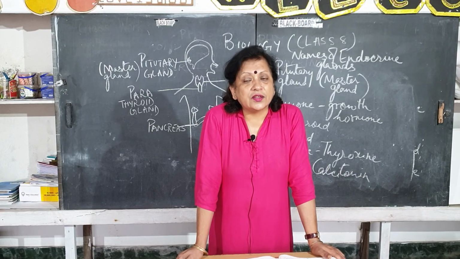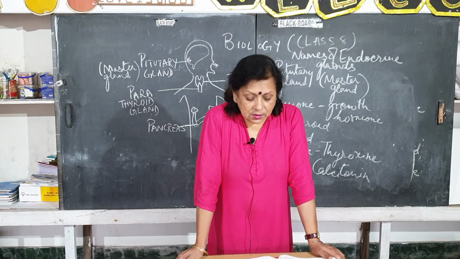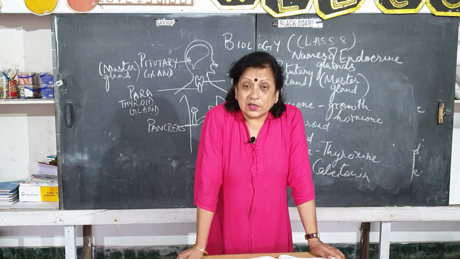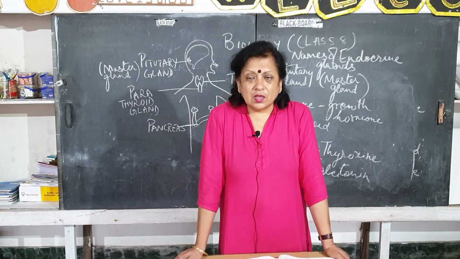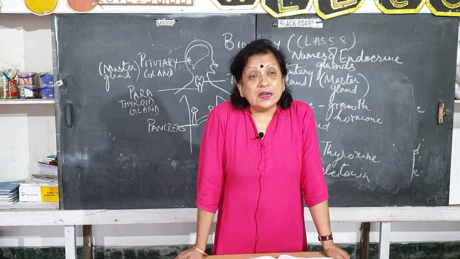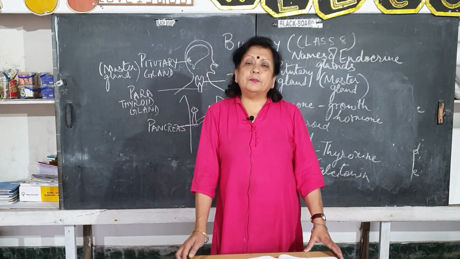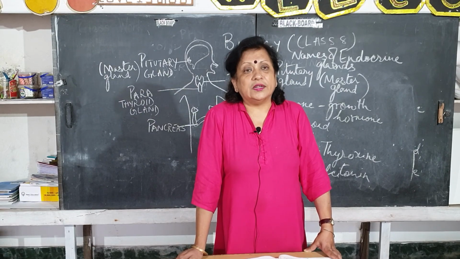It has to secrete the right amount of the hormone thyroxine. Once again, I repeat, if the thyroid gland oversecretes or undersecretes the hormone thyroxine, then the person may become either too fat or too thin.